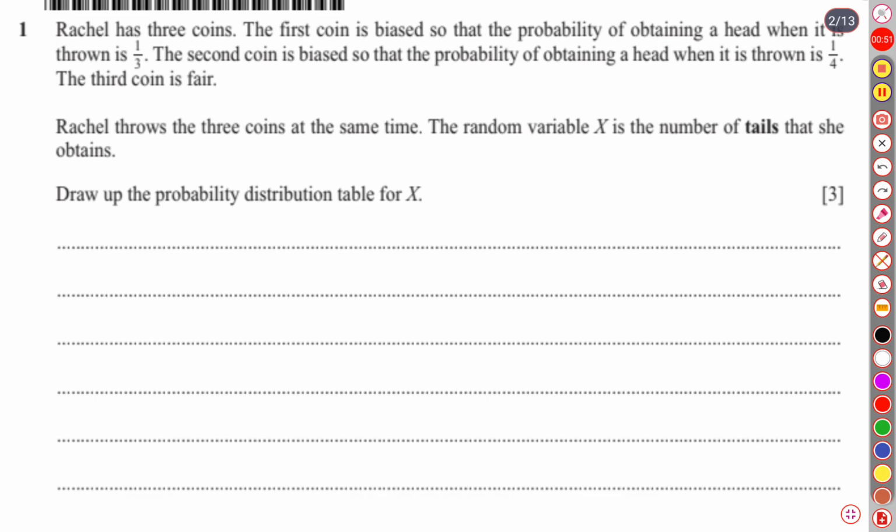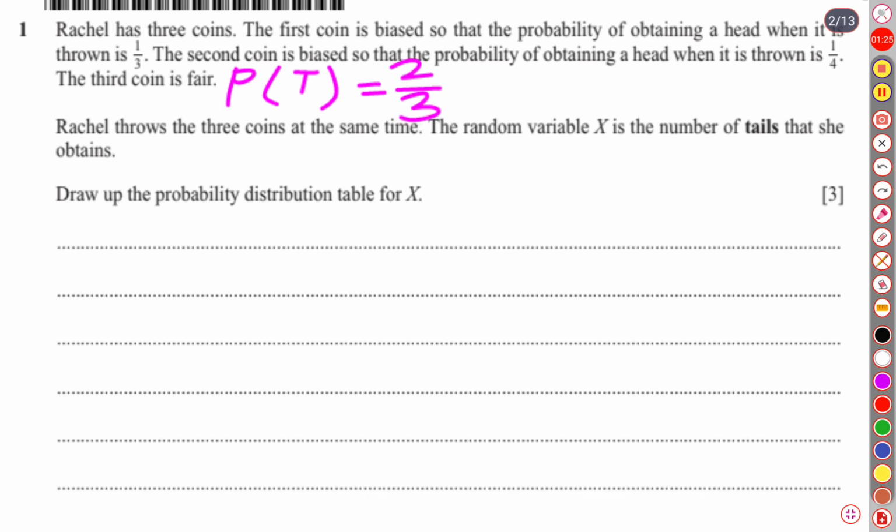Well, as all the three coins have been thrown together, let us start writing the probability of tail. What are the probabilities of tail individually? For the first one, one third is head, so two third is tail.